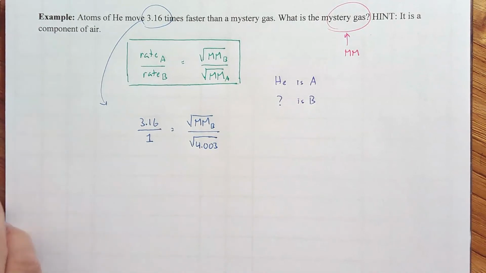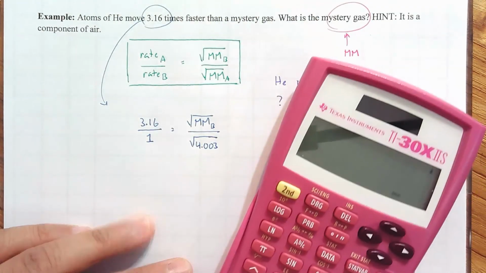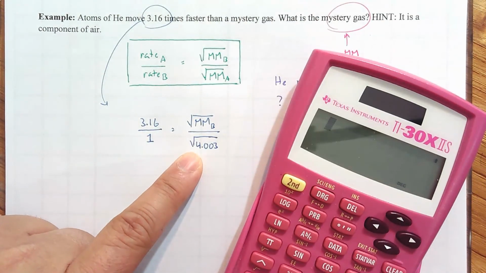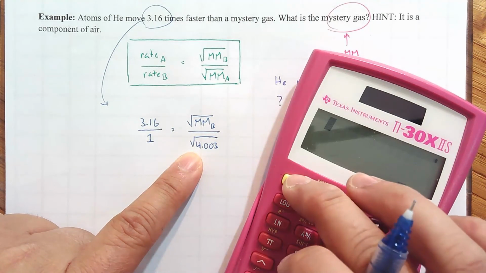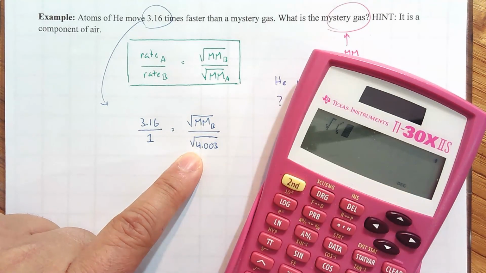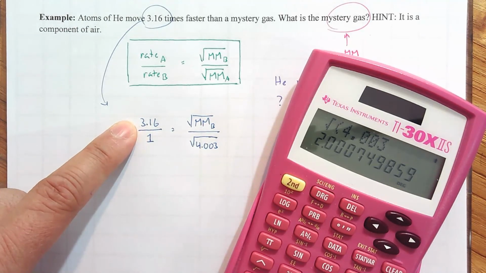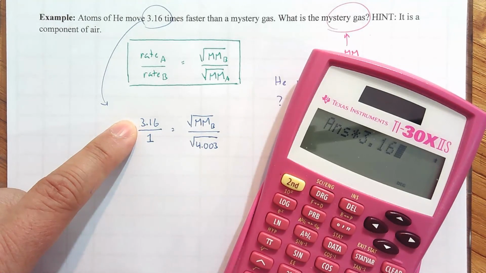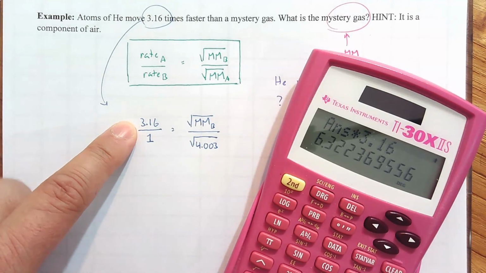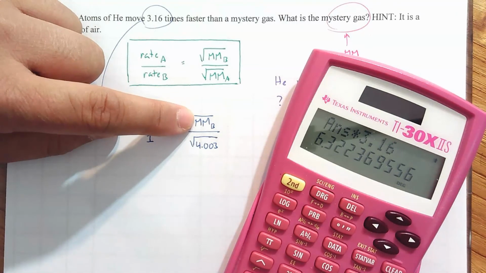So the way I would do this, without doing a lot of writing, is I would take the square root of 4.003, then cross multiply by 3.16. What that equals is the square root of this.